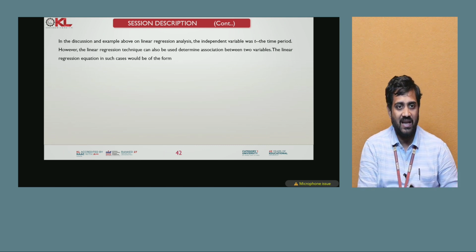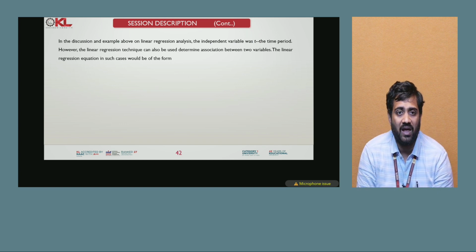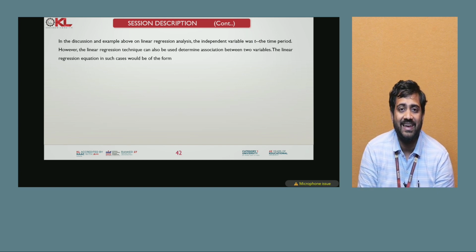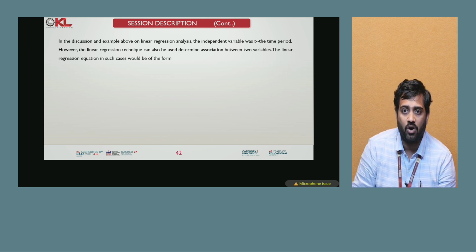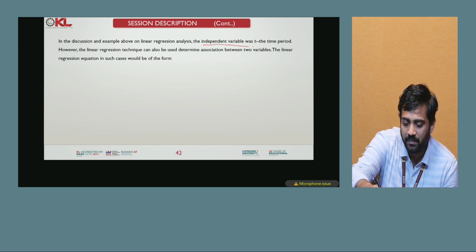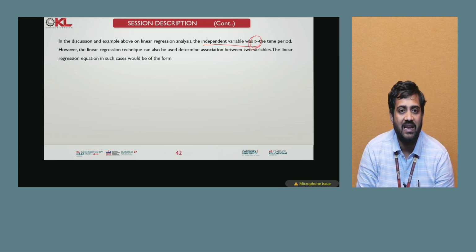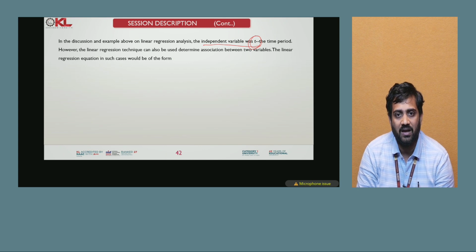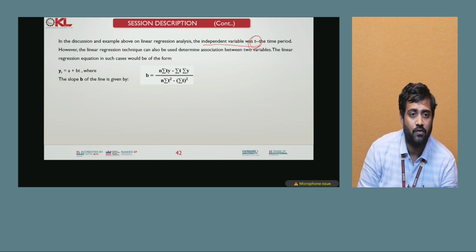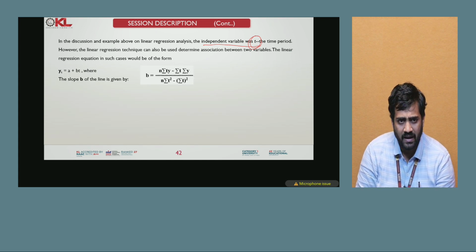In the example which we discussed in the above linear regression analysis, the independent variable was small t, that is the time period. However, the linear regression technique can also be determined with the help of the two variables. The linear regression in such cases will be in this form, where the relation is y equal to a plus b t.